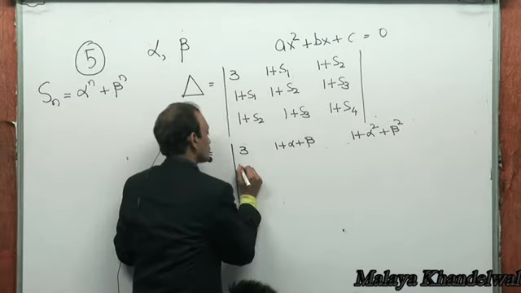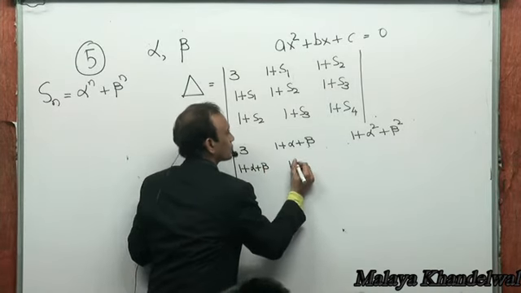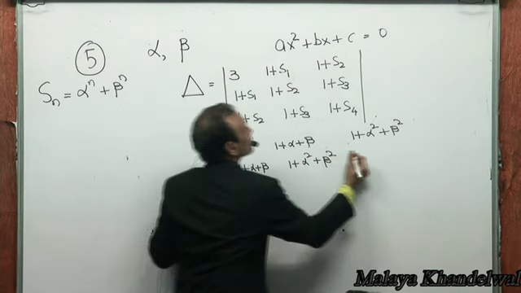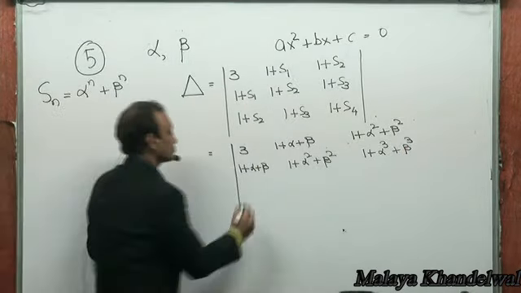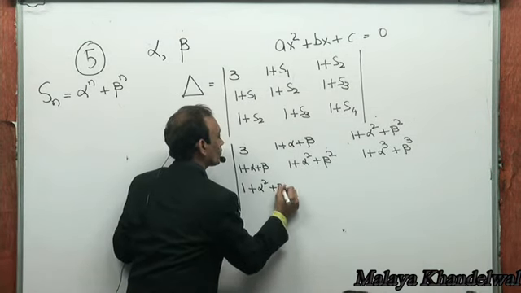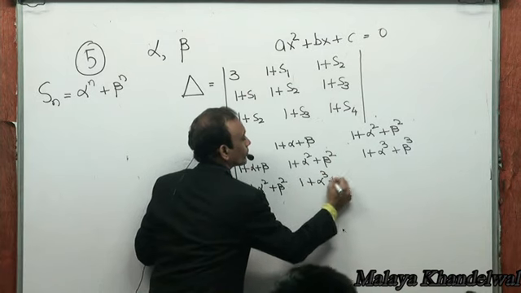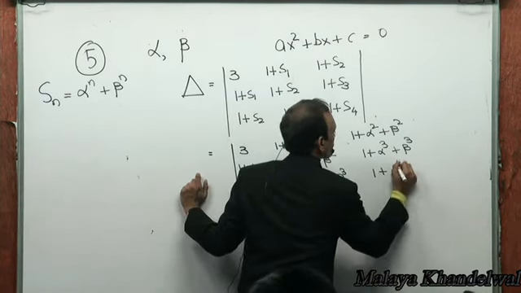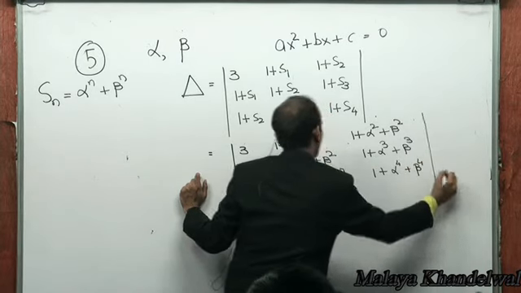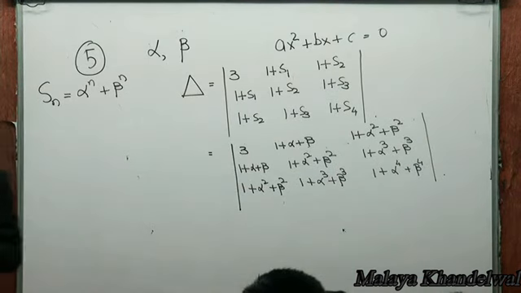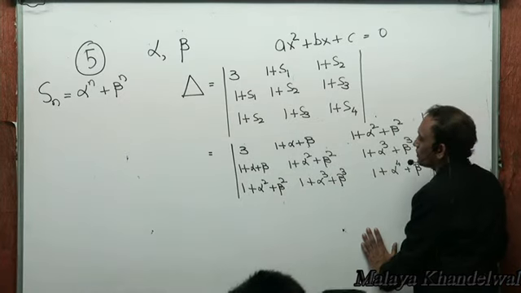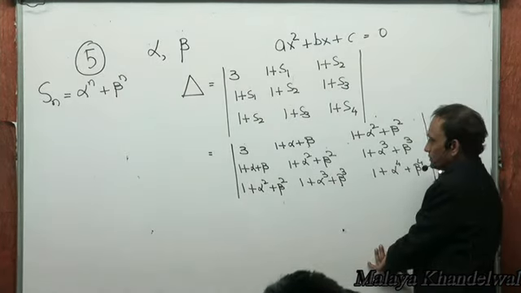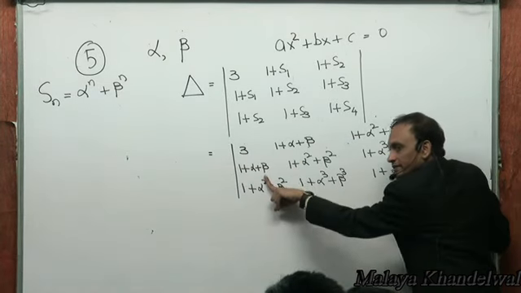First row. Second row. Now, a guess that I would want to make to begin with is that I can see that it's a symmetric determinant.